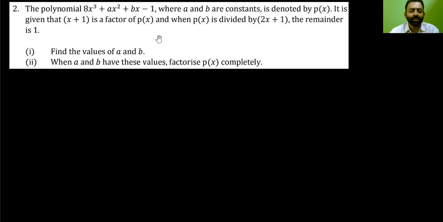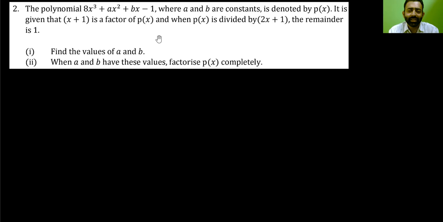It says that the polynomial, where a and b are constants, is denoted by p(x). It is given that x + 1 is a factor of p(x), and when p(x) is divided by 2x + 1, the remainder is 1. As you can see, in the polynomial there are two unknown variables, so to find these two values, two conditions are given. One condition is that x + 1 is a factor of p(x).